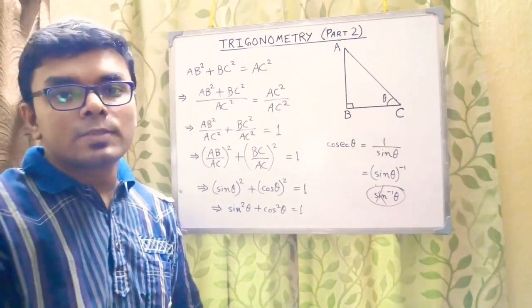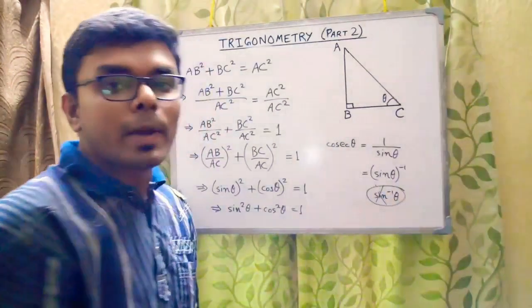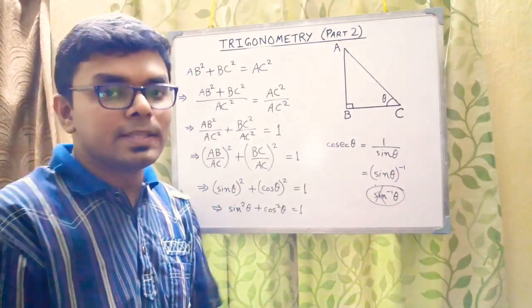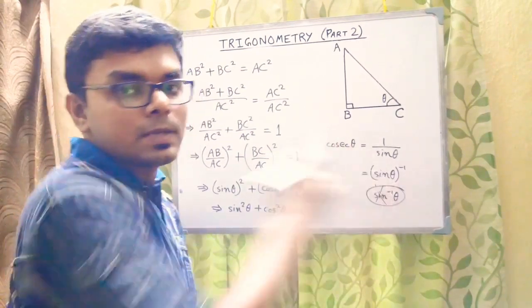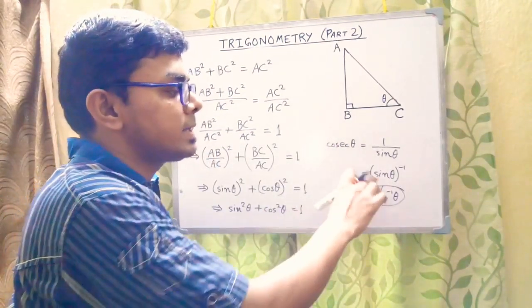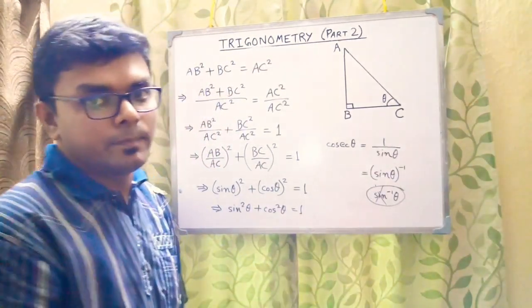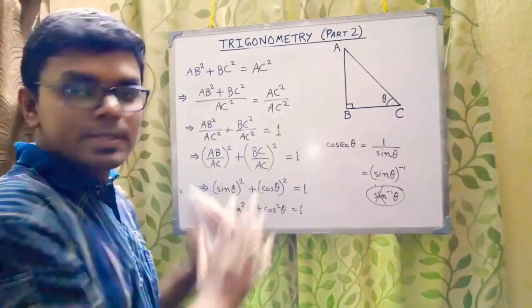Only in case of minus 1 this won't be allowed, because sin to the power minus 1 theta has another meaning called sin inverse theta. This is something we will learn in higher classes. So this is an exception with the power. If we have to write sin theta to the power minus 1, we have to write it like this only, no other way. Okay, so up to this I hope it's clear.